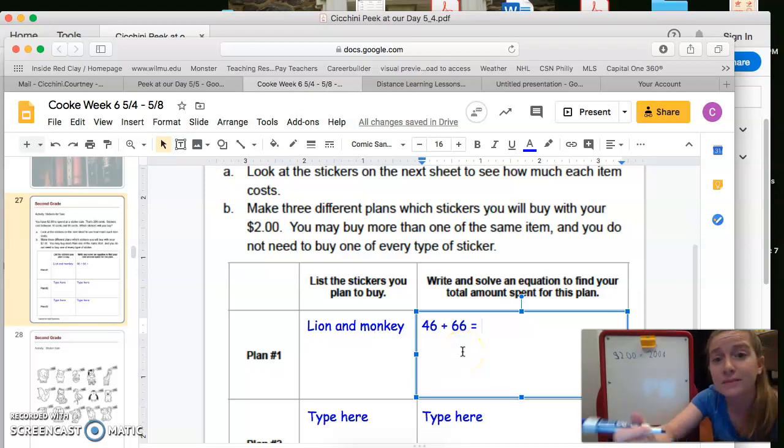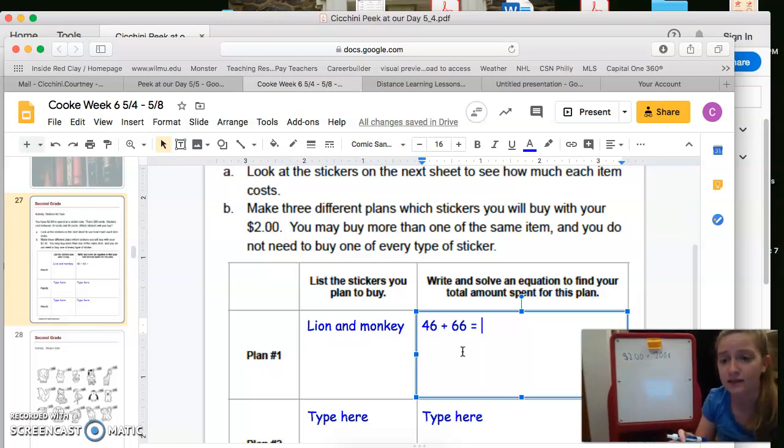I asked you to get a piece of paper and a pencil or a notebook so that you could write your equation and solve it. Sometimes this helps me if I write it down and then I type my answer on the screen. So I have 46 plus 66. I'm going to put 66 on top because it's the larger number, and I'm going to add these together and see if I have enough money to buy them.